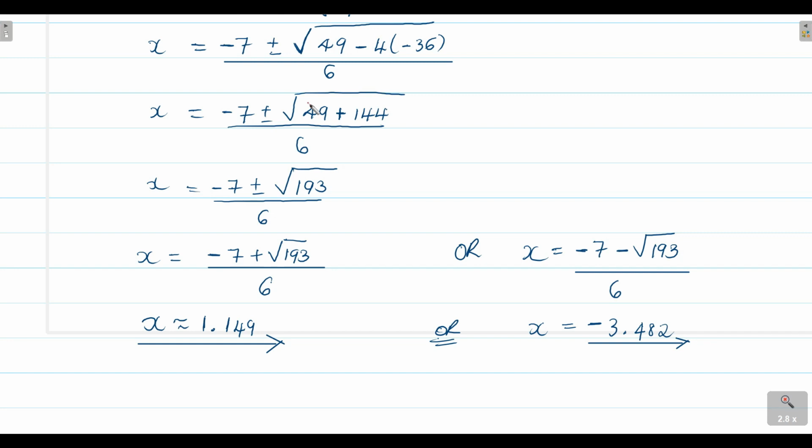But I think some of your teachers will not agree with this, because sometimes you guys make silly mistakes. In this case, just do everything in your calculator and you'll find that your x is equal to 1.149 if you round off to 3 decimal places, or your x is equal to negative 3.482. Okay, so that is our final answer.